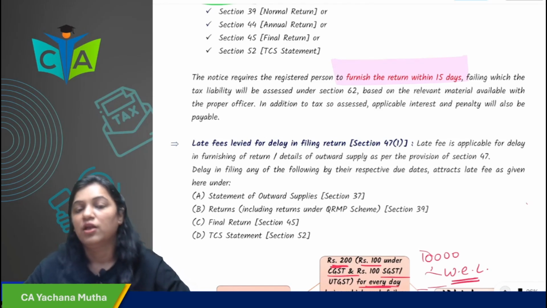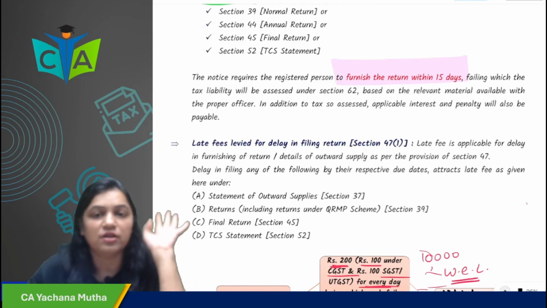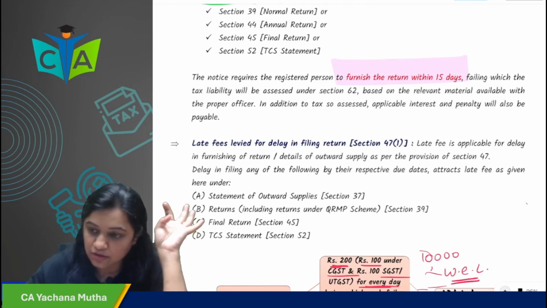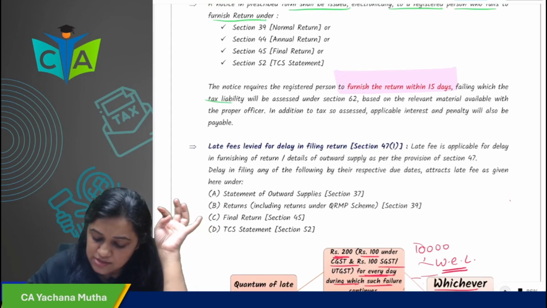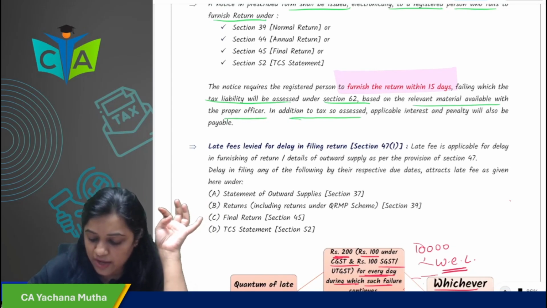Within 15 days. Within 15 days you have to furnish the return. Failing which, liability will be assessed under section 62 based on relevant material available with the proper officer. In addition to tax so assessed, applicable interest and penalty will be applicable.